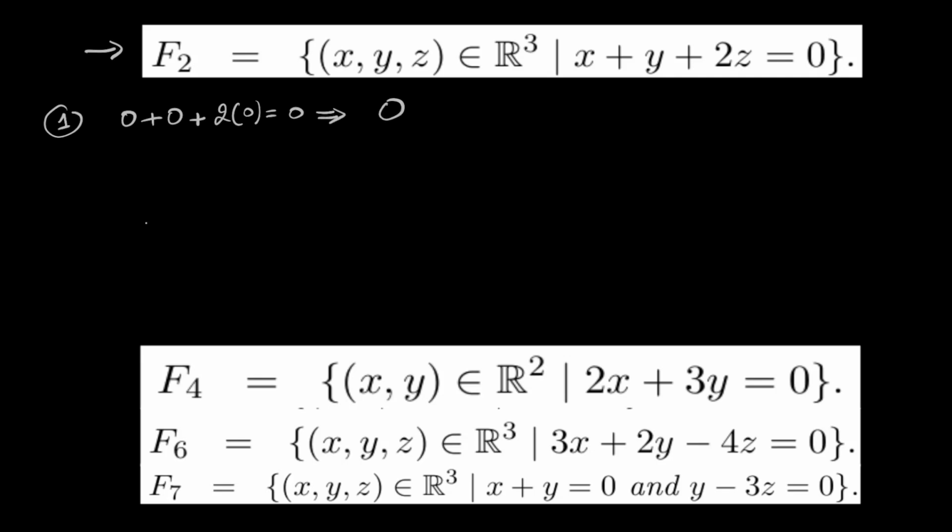Then the zero vector of R3 is in our set. Then F2 is non-empty. The second condition, let's take two vectors u and v.